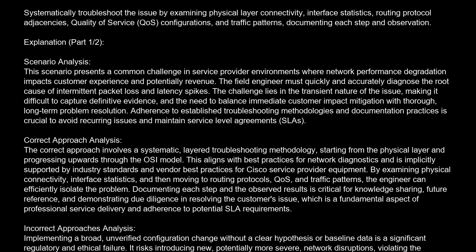By examining physical connectivity, interface statistics, and then moving to routing protocols, CoS, and traffic patterns, the engineer can efficiently isolate the problem. Documenting each step and the observed results is critical for knowledge sharing, future reference, and demonstrating due diligence in resolving the customer's issue, which is a fundamental aspect of professional service delivery and adherence to potential SLA requirements.